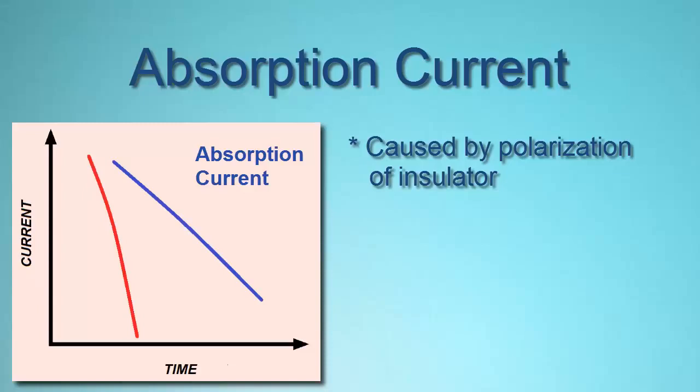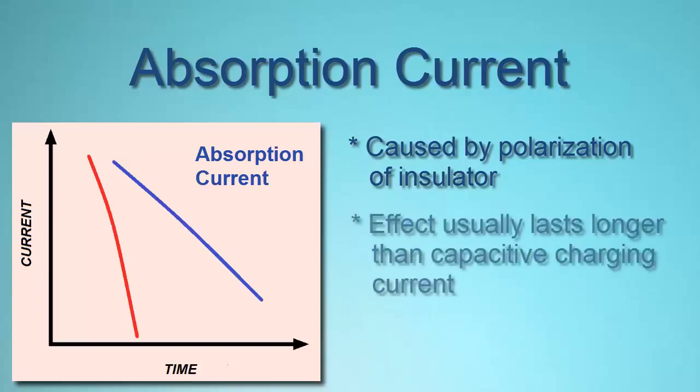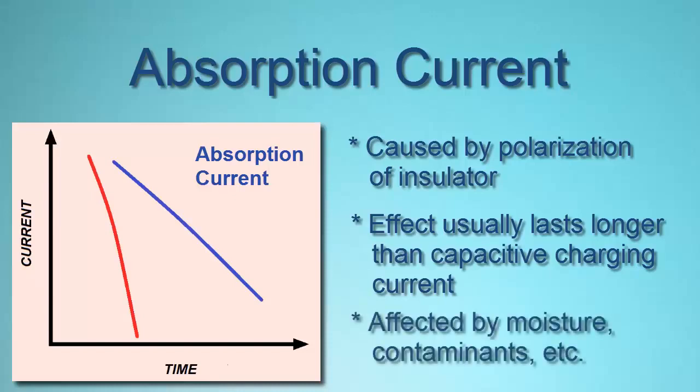This produces a measurement profile similar to capacitive charging current, but at a much slower rate. The effect can last several seconds up to a minute or more. The length of time it takes for absorption current to fall off can be affected by moisture or other contaminants in the insulation material. Therefore, absorption current is an important indicator of insulation integrity.